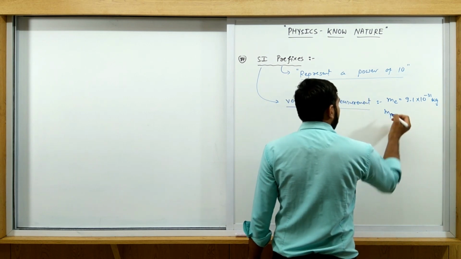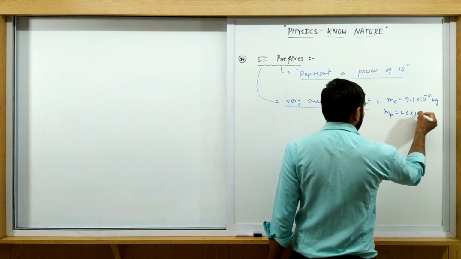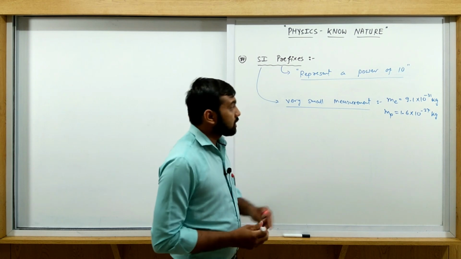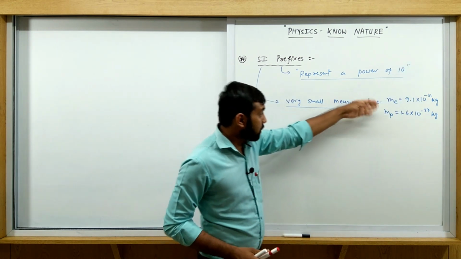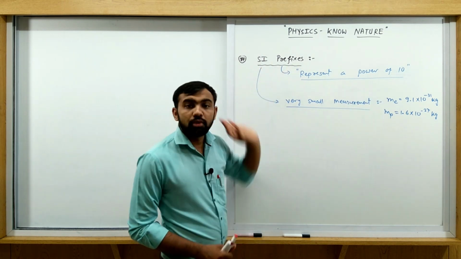Like mass of proton is 1.6 into 10 raised to minus 27 kg. See, this is very small, minus 27, minus 31. So this type of quantity is represented easily by using prefixes.